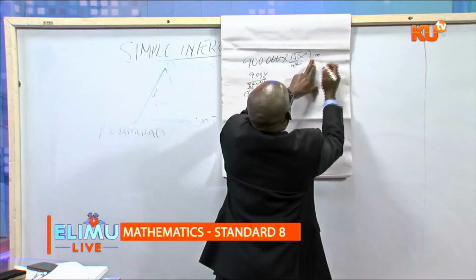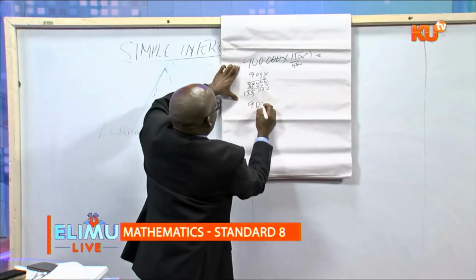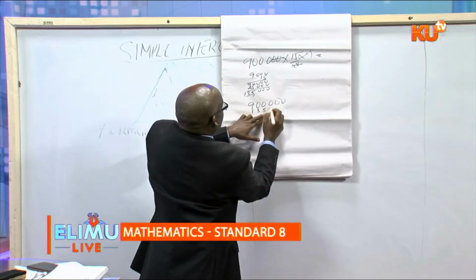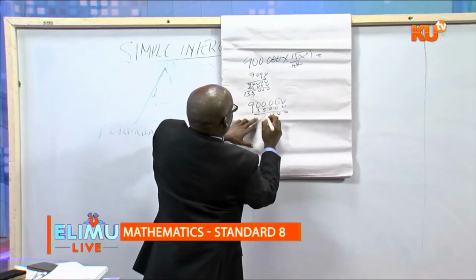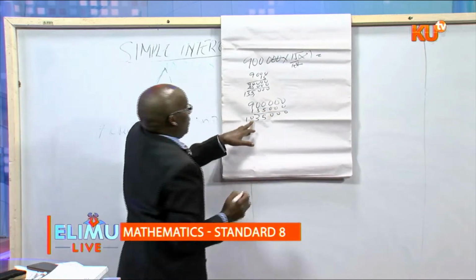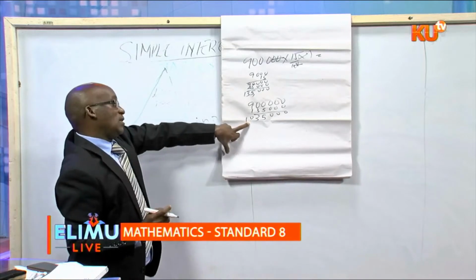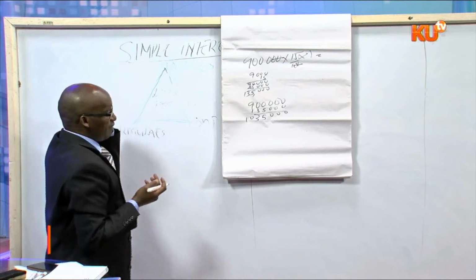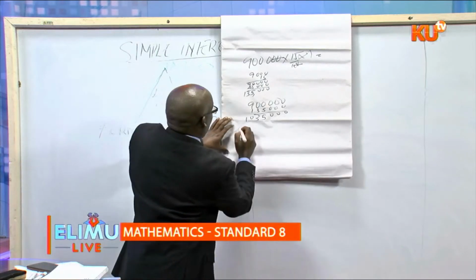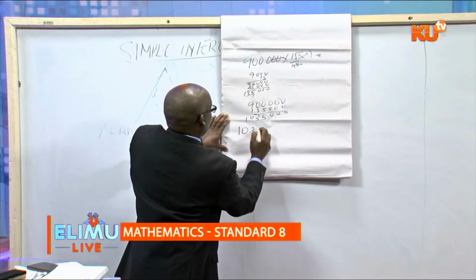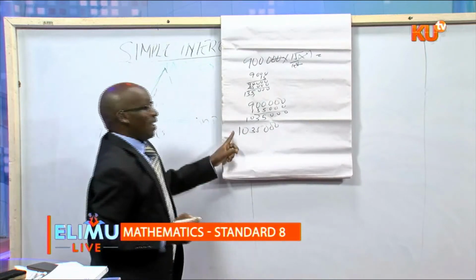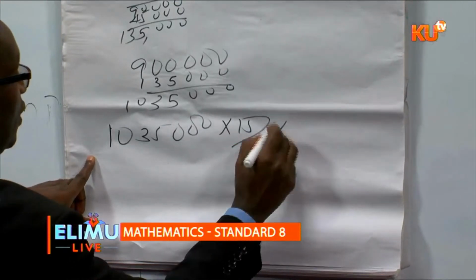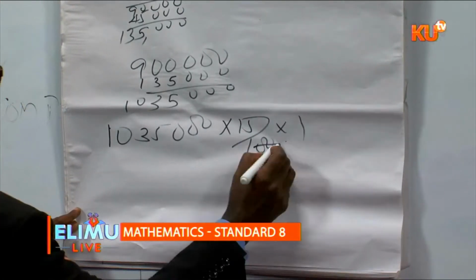So the principal was 900,000. Add to 135,000, and you get $1,035,000. This becomes the principal at the beginning of the second year. The rate is the same, times 1, over 100.